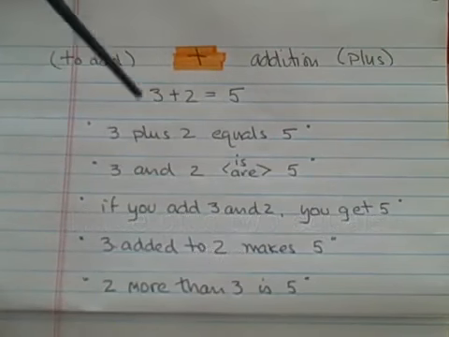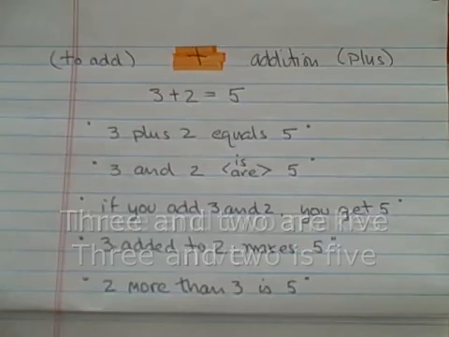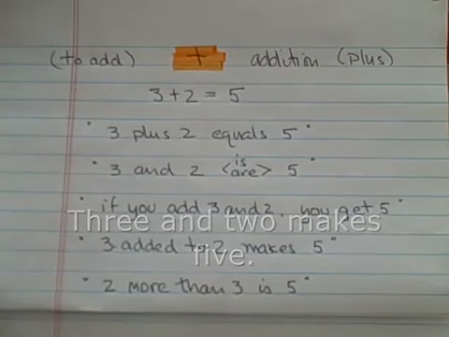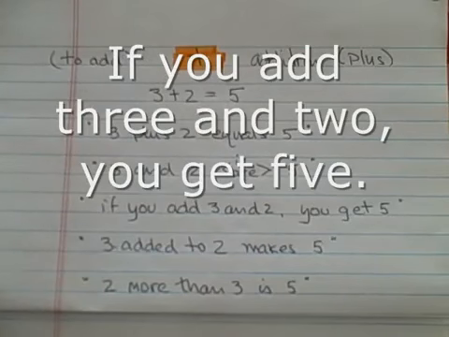Or you can say 3 and 2 are 5, or some people say is 5. You could also say 3 and 2 makes 5. Or you can say if you add 3 and 2, you get 5.